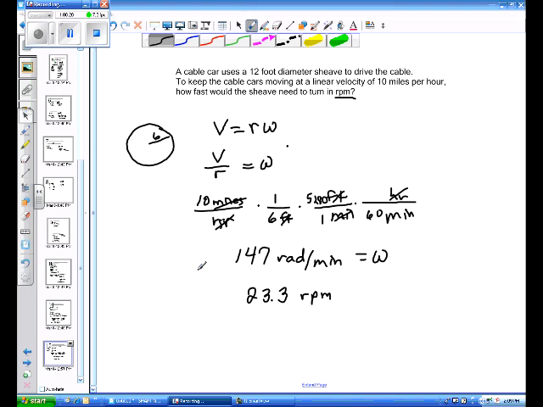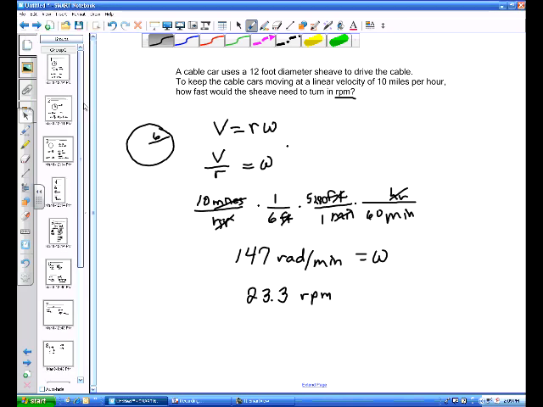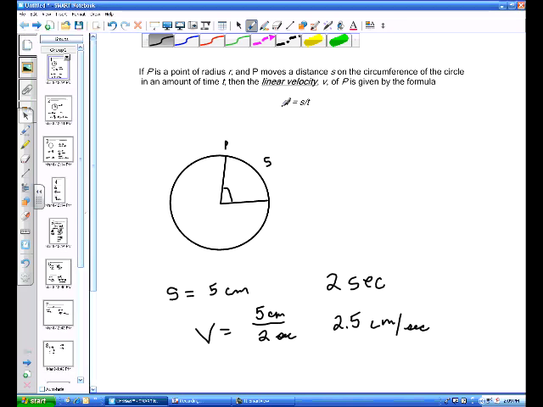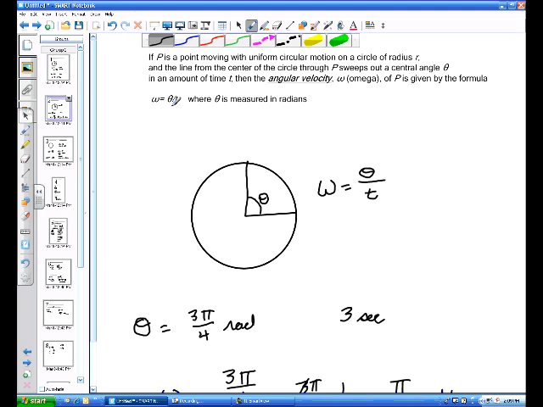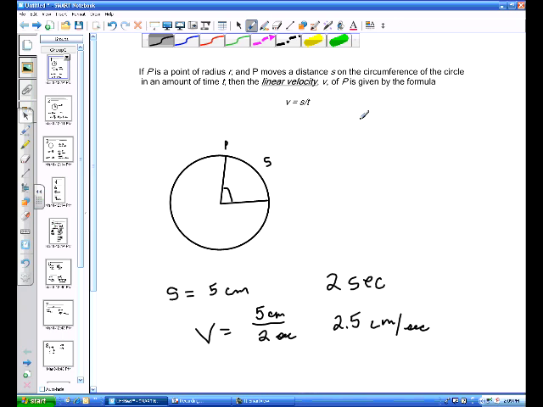Okay, so these are different ways that we can use our formulas for linear velocity, which was the distance divided by time, and the angular velocity, which was your central angle divided by time. And then we also gave a second formula for our linear velocity in terms of your angular velocity. So it was your radius times your angular velocity. And then the other thing that we looked at was that one rotation was 2 pi radians.